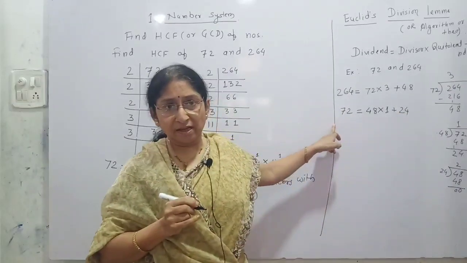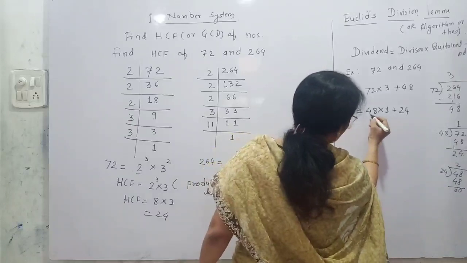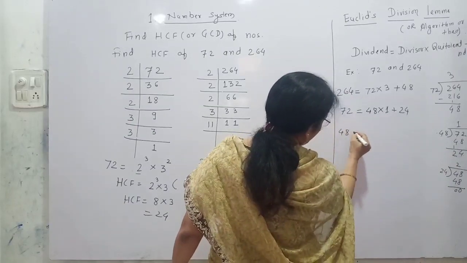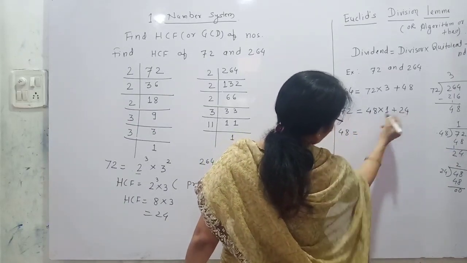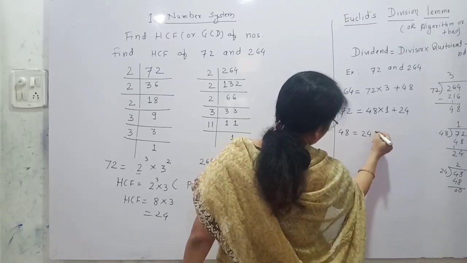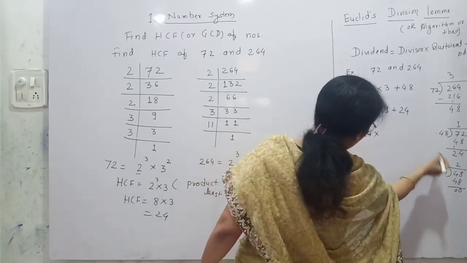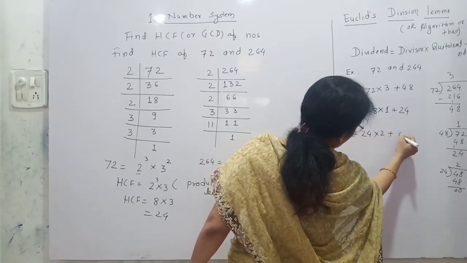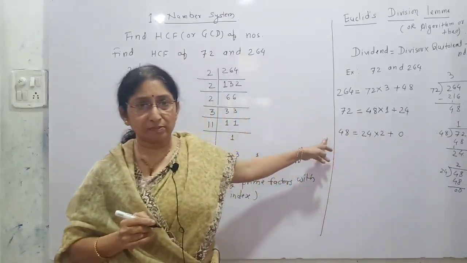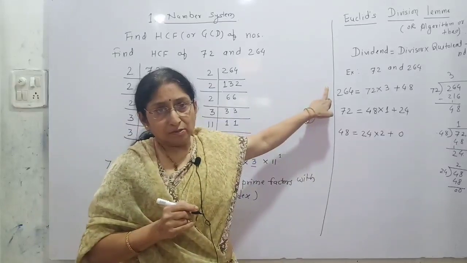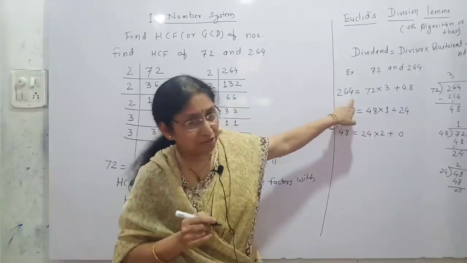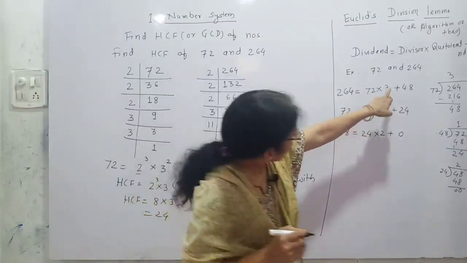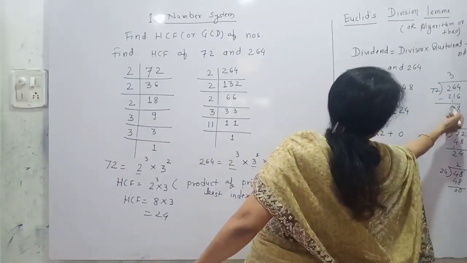In the third stage the divisor will become the dividend and the remainder will become the divisor. So 24 twos are 48 and the remainder is 0. Now first step: 264 is equal to 72 into 3 plus the remainder.